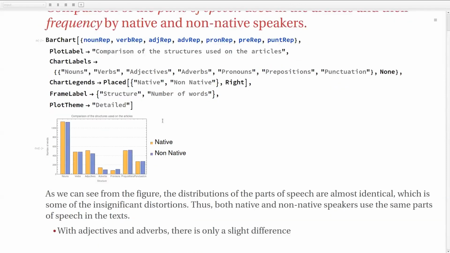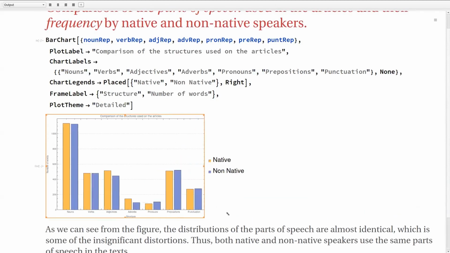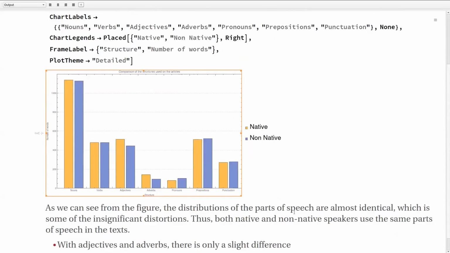So we can see in this image, let's make it bigger. Here, the natives are in yellow and non-natives are in blue. On the x-axis is the structure, and on the y-axis is the number of words.